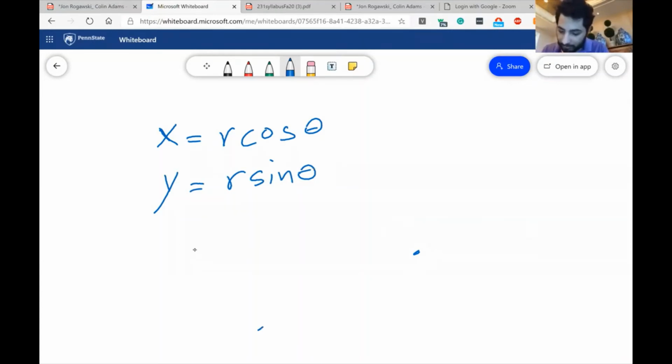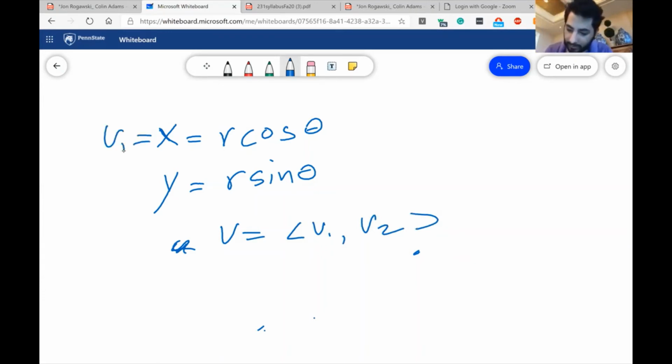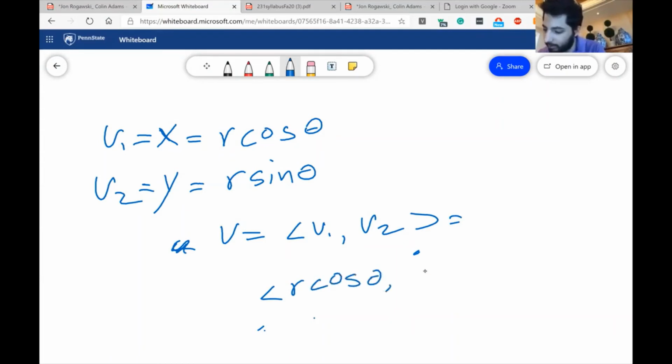So in general, if you have the vector V, which let's say is equal to V1, V2, we can imagine that V1 is X and V2 is Y. So this will be equal to R cosine of theta, R sine of theta. Now the R is just the magnitude of your vector.